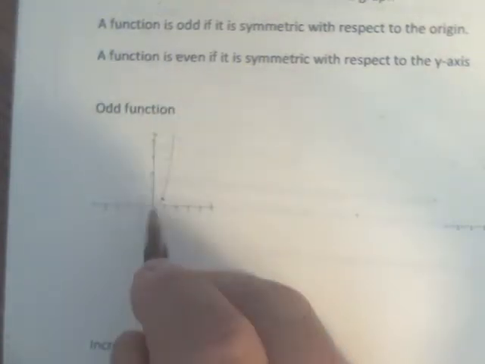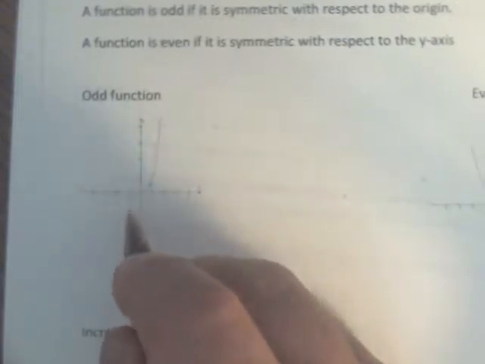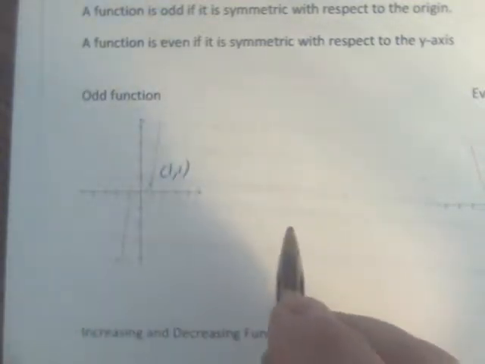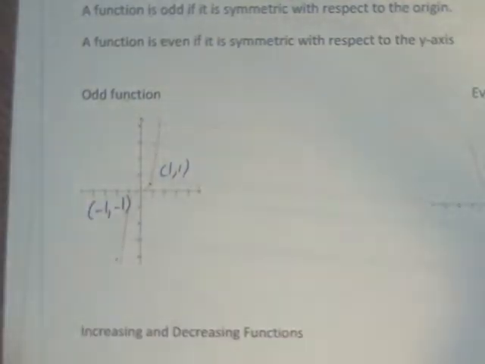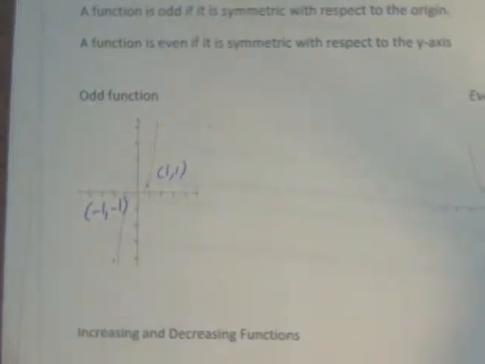You might be able to look and say, oh, you can kind of tell that this one is flipped over from this side. But the way I sometimes look at it is, if I have a point over here, then the corresponding point has opposite signs. So that's the way you can determine if something's odd. That's one characteristic of a graph.